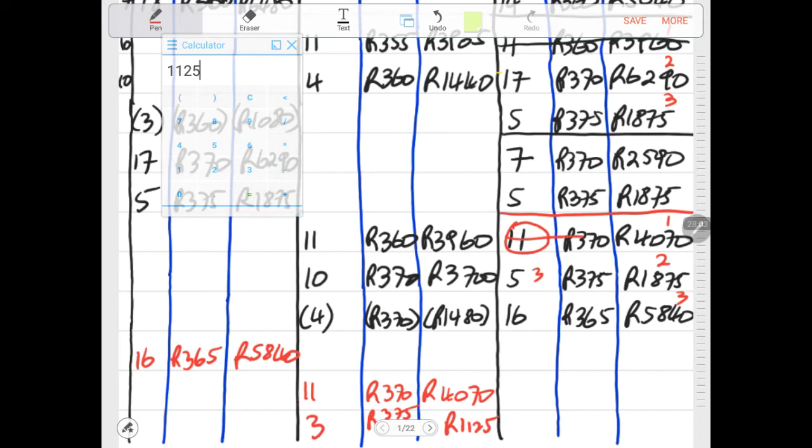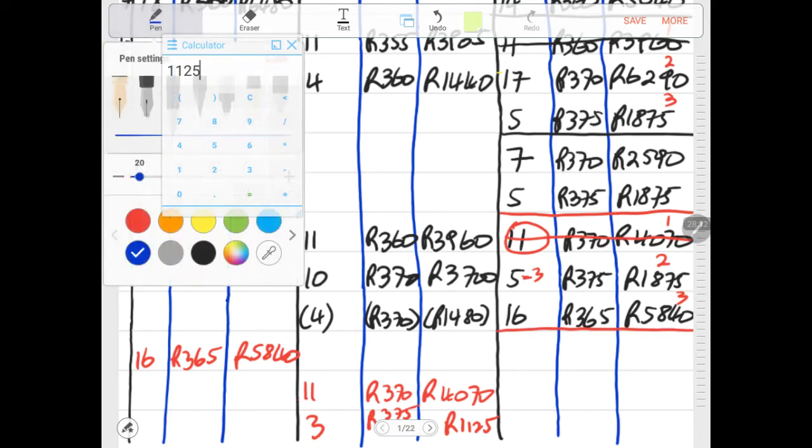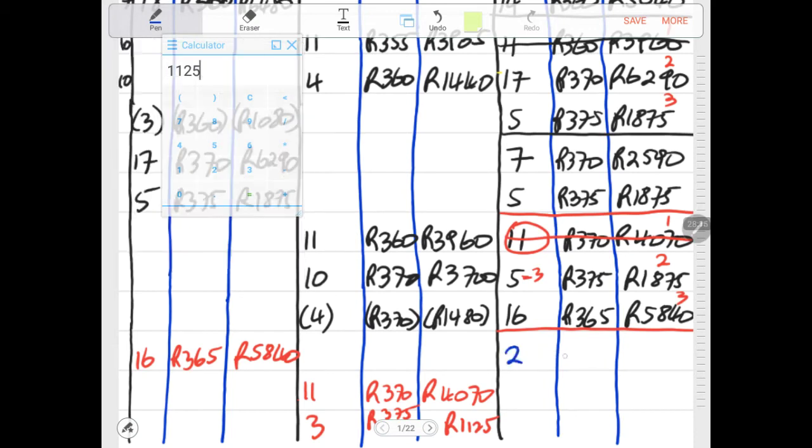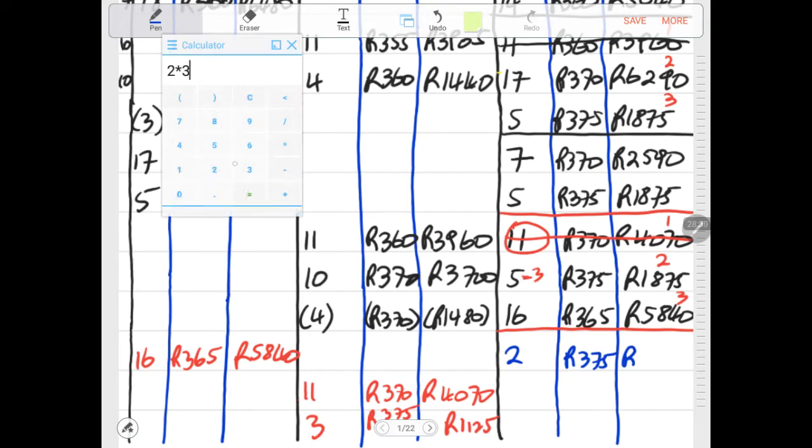So now we have issued all of this one. Then we must draw a line and we minus 3 here. So now we need to check how much our remaining balance is. We will only have 2 units of the 375 because we took the 3 to make the 14 units that were issued. So now we have 2 at 375. Then it will be 2 by 375. This will be 750.